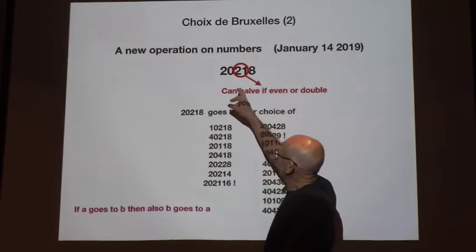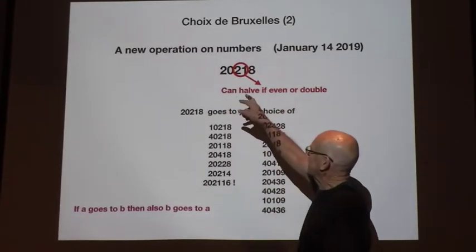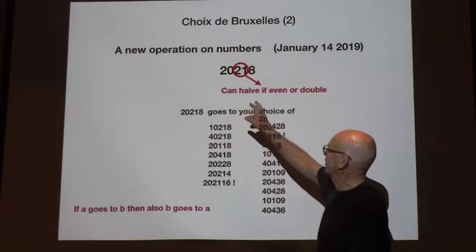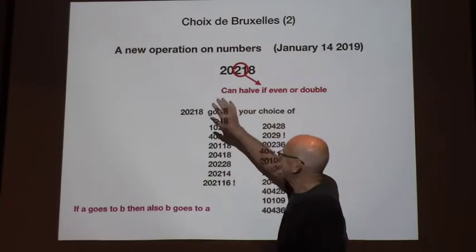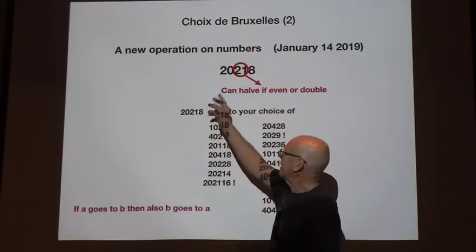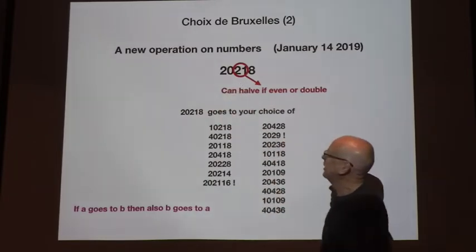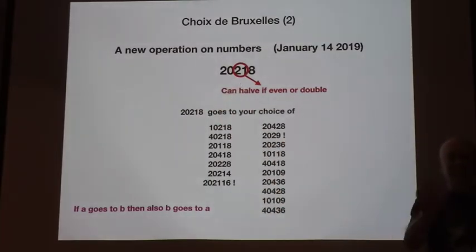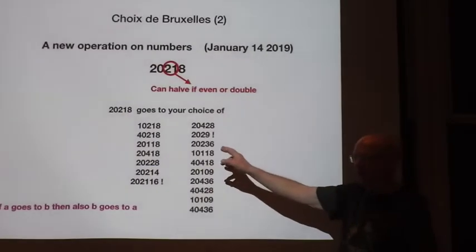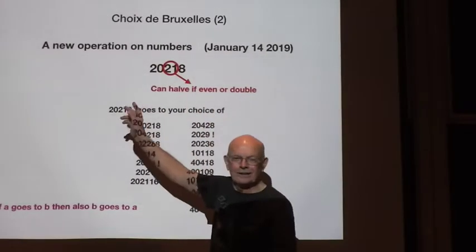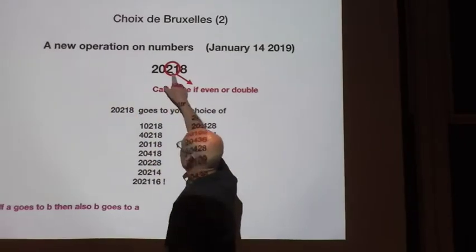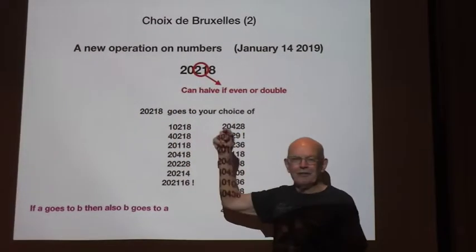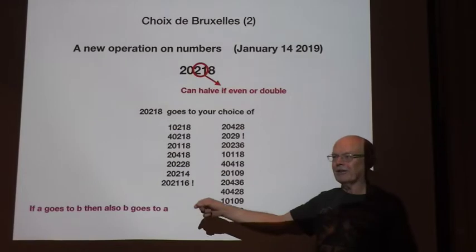I'll give you an example. Suppose the number you started with, I was going to put the year 2018, but there are more possibilities. It displays better if it's 20218. Let's start with that number. We have a choice. We look at a substring, say 21. Then, if it's even, we can divide it by 2.